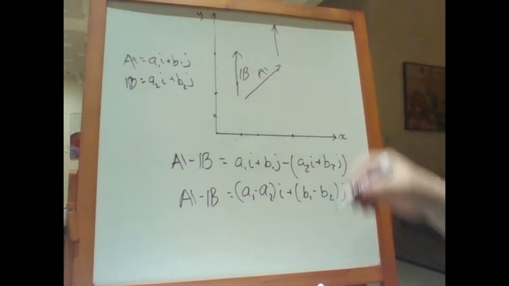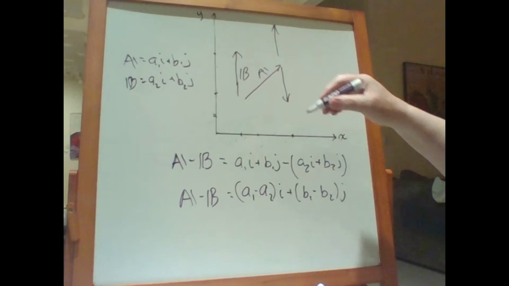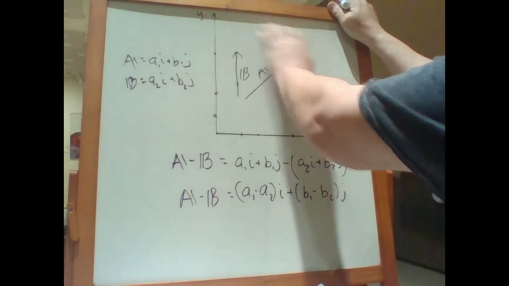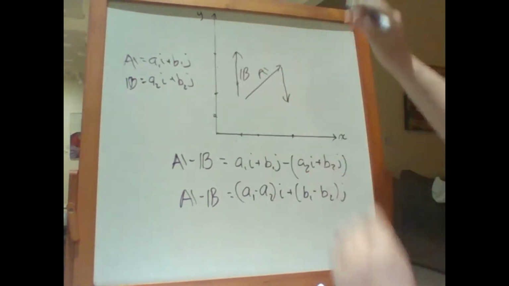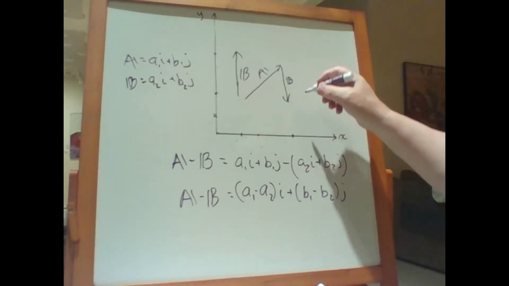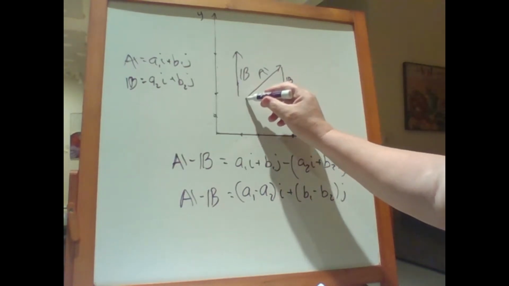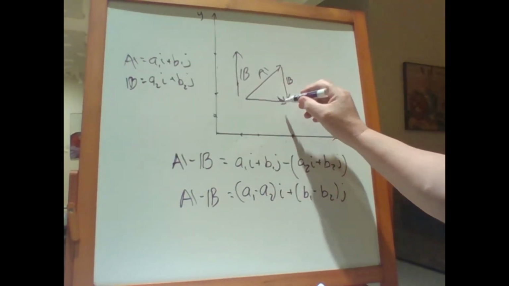We would put b in this direction, the negative direction, same length, but in a different direction, and then the resultant would be that.